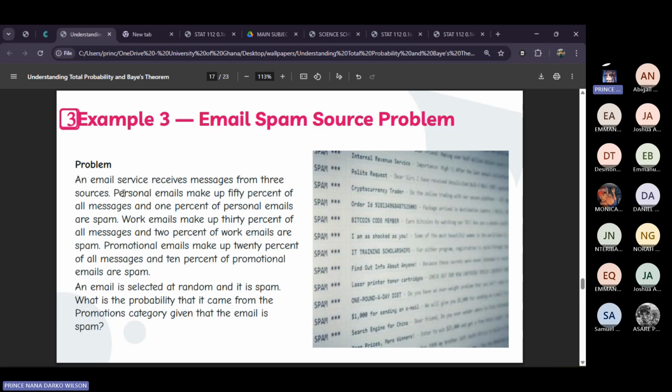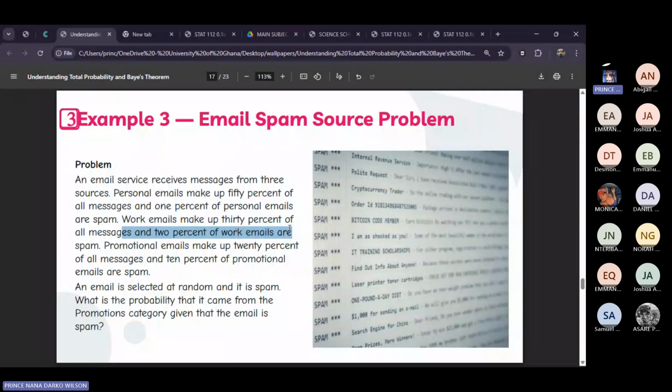So consider all the parameters in the question. An email service receives messages from three sources. Source one, personal emails, make up 50% of the messages. It means the probability of picking a personal email is 50%. And then 1% of those personal emails are spam. So the probability of a spam given that it is a personal email is 1%. 30% of the emails are work emails, and 2% of those work emails are spam.